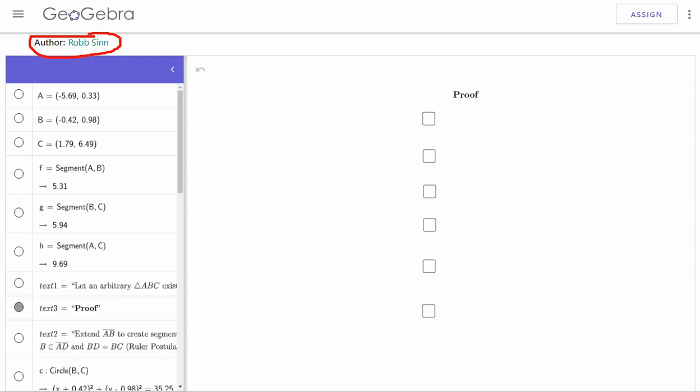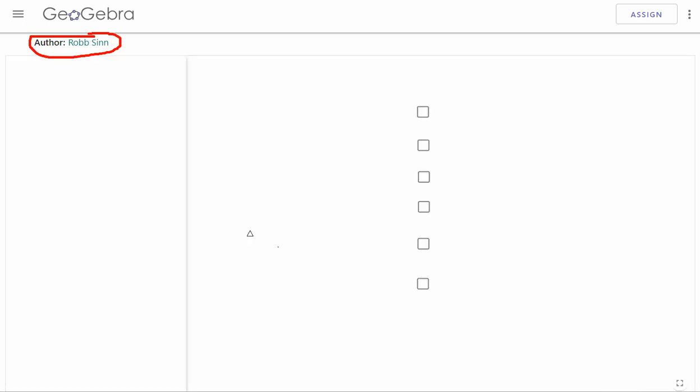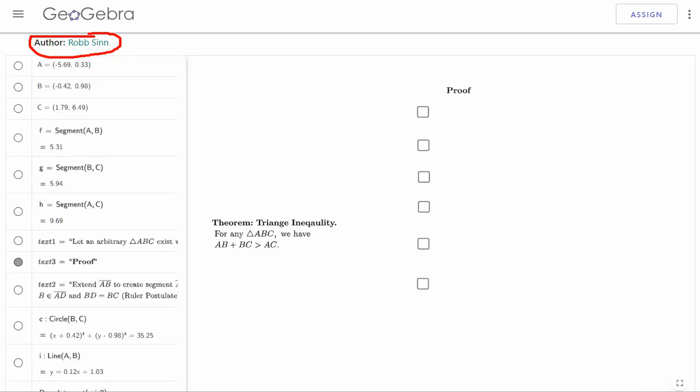But here's what I mean by a dynamic GeoGebra proof. And let's make sure this is running. Okay, sorry, it has updated since my computer accessed it. So here is a statement of the triangle inequality. For any triangle ABC, we have AB plus BC is greater than AC.